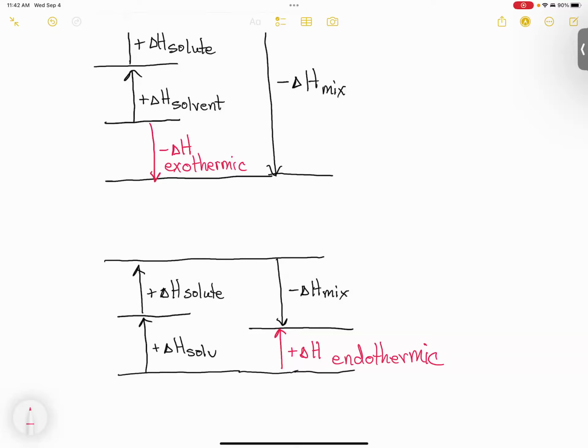An exothermic solution is very likely going to occur. If you have an exothermic solution, the formation of a solution is likely to occur. It is when you have the endothermic situation that the solution may or may not occur.